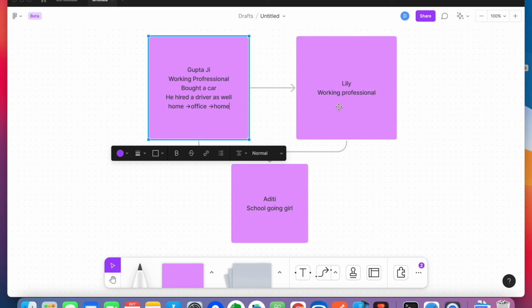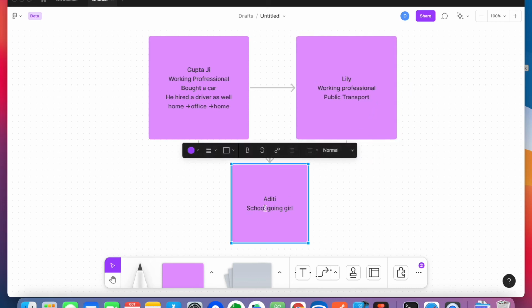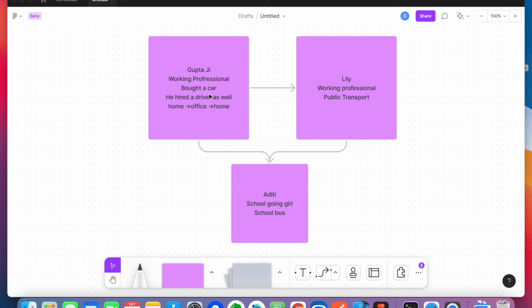In the meanwhile, Lily was going to her office by public transport. And as I told you, Aditi is a school going girl, so she used to go to school by school bus. So Gupta ji was very smart.